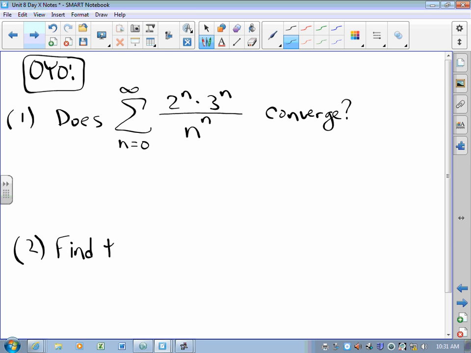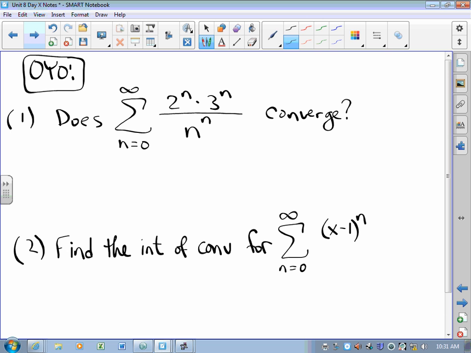The other is to find the interval of convergence for the sum, n goes from 0 to infinity, (x minus 1) to the n over n factorial. It's a nice thing to think about. Those are things to think about after you hit the pause button.